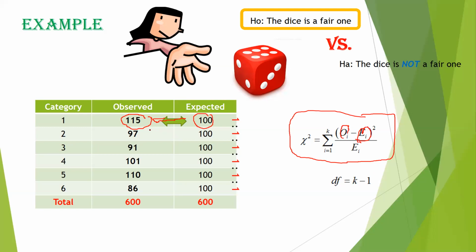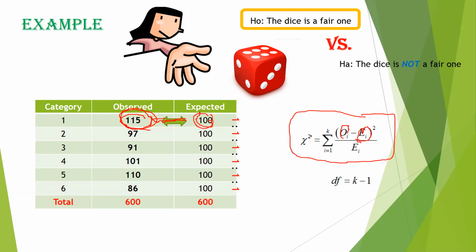If this number is very close to the expected number, the difference should be close to 0, right? That's the deviation. If this number is not close to the expected value, then the difference should be very large. Do you agree with that?